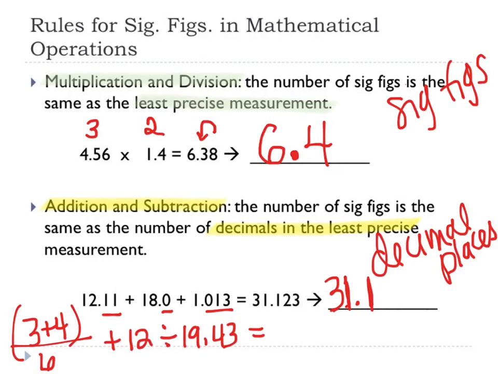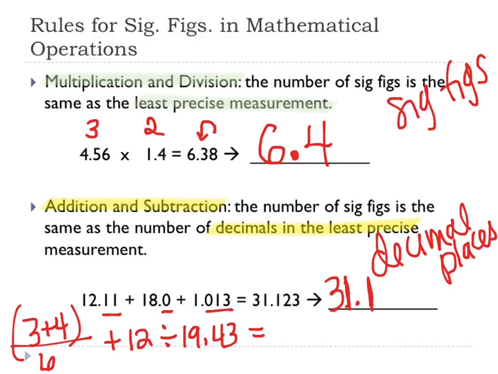So we're going to go by the order of operations. Our last operation dictates what our answer is going to be in. Okay? So what's my last operation here? Addition. So that means we're going to go by what in our answer? Decimal places. Okay? So order of operations is going to tell you what your answer is going to be in.